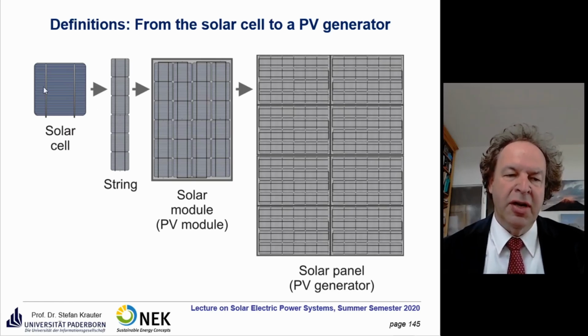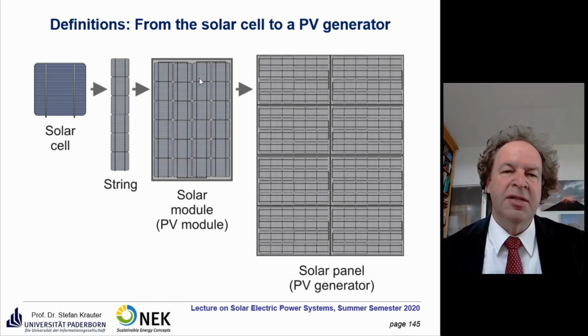So usually we saw already in the manufacturing video that the cells are sorted, and they are sorted to have an equal current. And these are put together in strings and modules, all cells with an equal or within a certain range equal current or short circuit current.